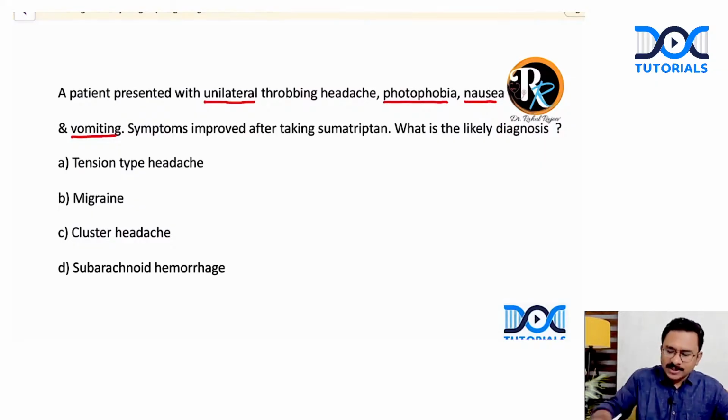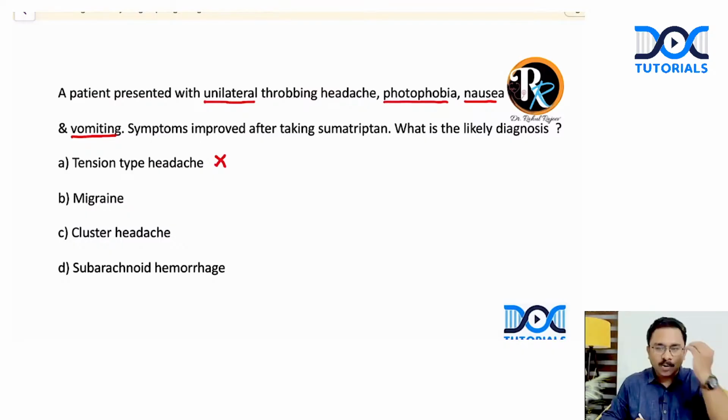It is not tension type of headache. Why? Because tension type headache has a bilateral type of headache in the frontal region, just like a band of tightness around the forehead. So that is not the answer.